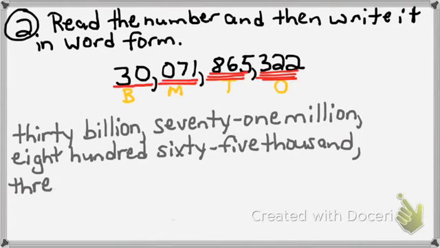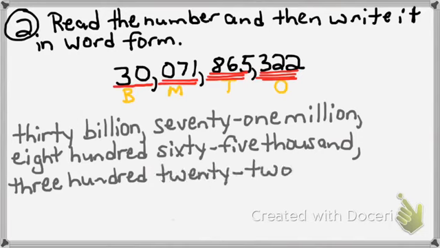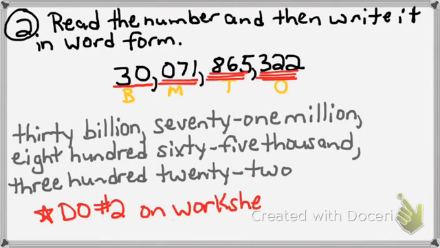I know I read that as 322. There's no comma, so I don't say the name of the period. So this number in front of me is 30,071,865,322. Now please stop the video and do problem number 2 on your worksheet.